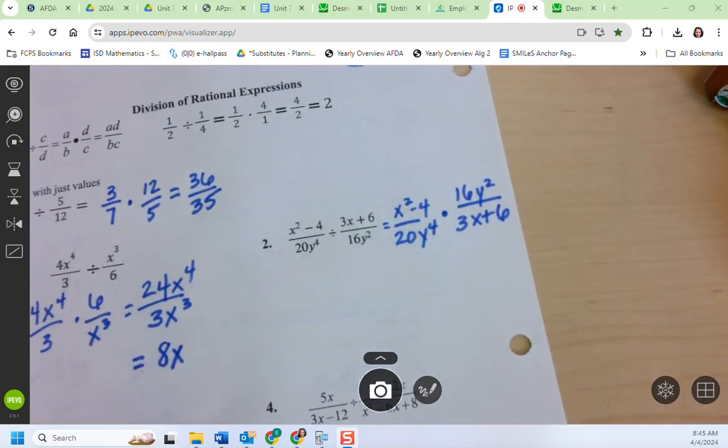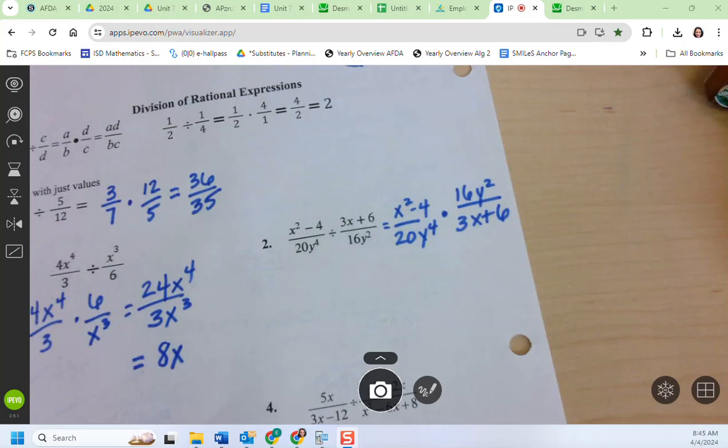All right, so if you flip it, now it's just a multiplication problem, no different from the front. Does anybody remember how to factor x squared minus 4? Or do you even remember what that's called? It's a difference of what? Difference of squares.